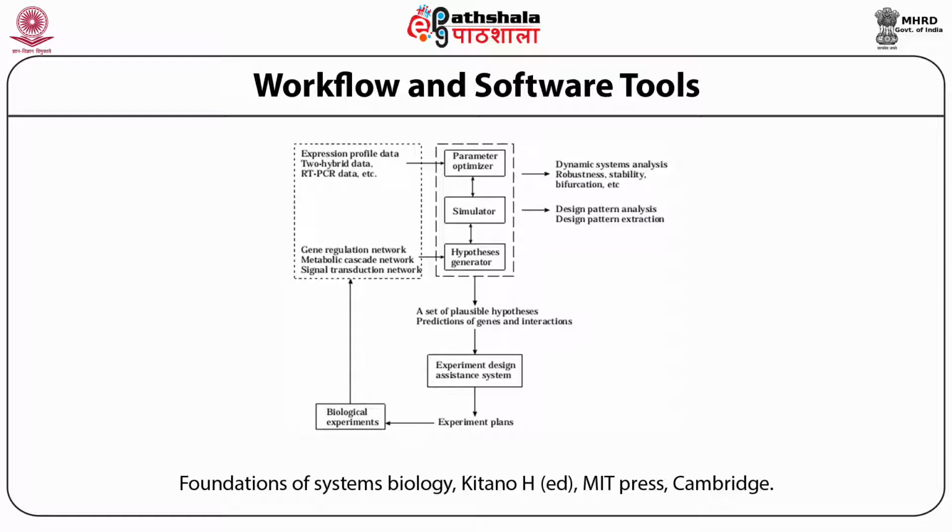And once again, this should aid in creating appropriate experimental design and assistance systems, which in turn lead to several other experimental plans, and then biological experiments are done. This data once again goes back into the original starting point, so that it works as a cycle. As I explained earlier, this flowchart explains the interaction between various software tools that have to be integrated to perform an appropriate systems analysis.